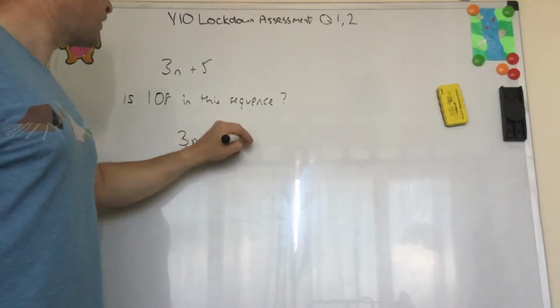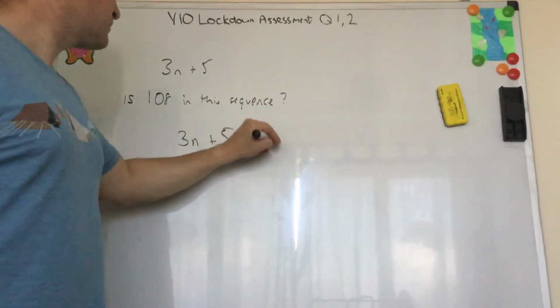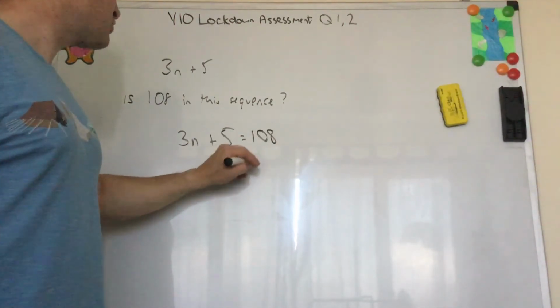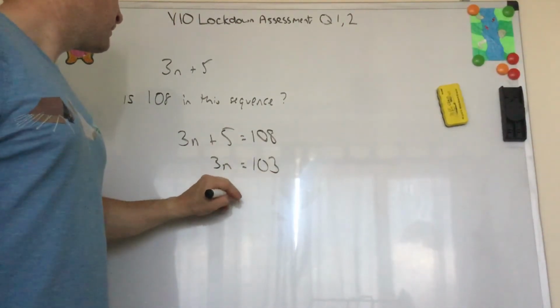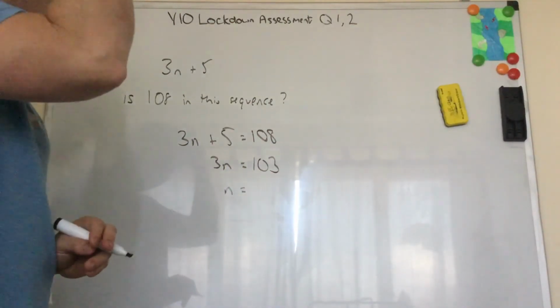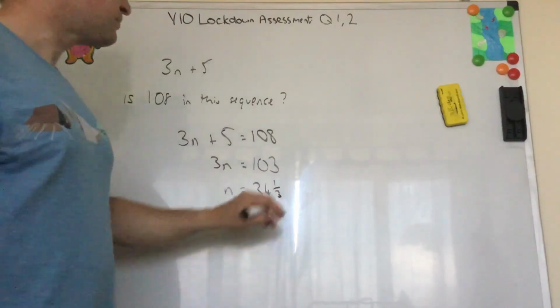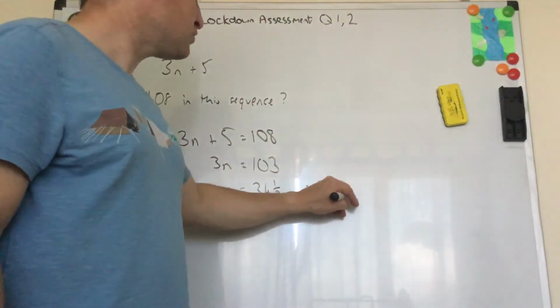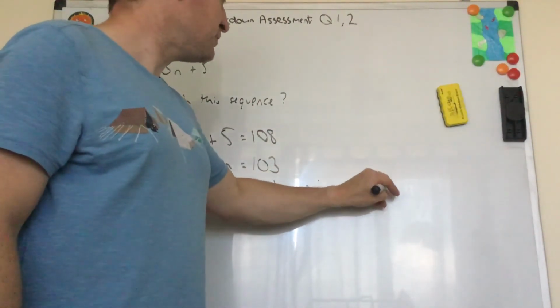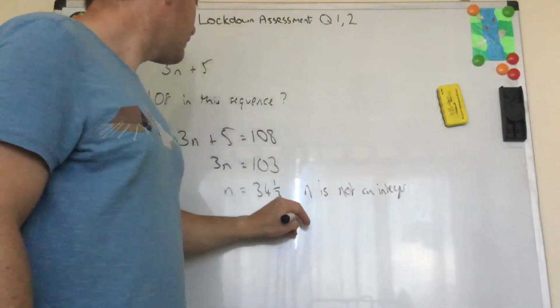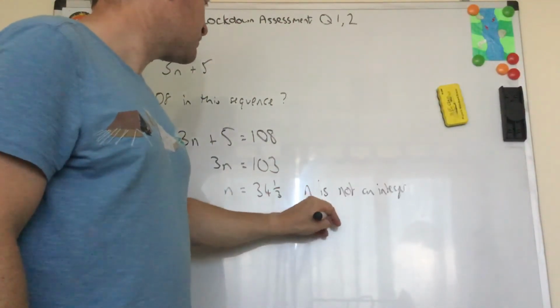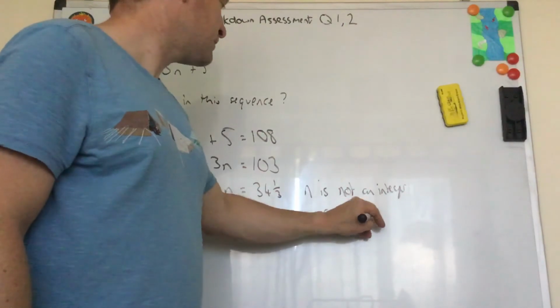So 3n plus 5 is 108. So 3n must be 103. So n must be 103 divided by 3, which is 34 and a third. So n is not an integer. Therefore, 108 not in sequence.